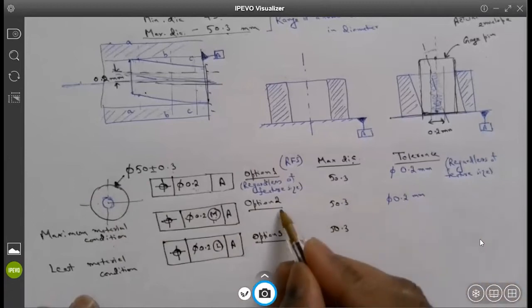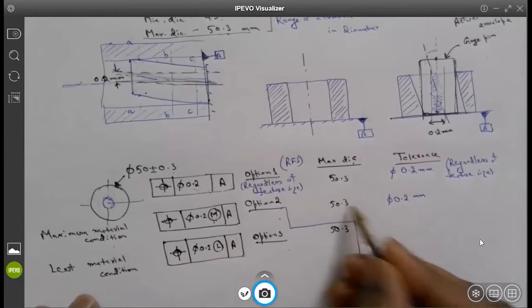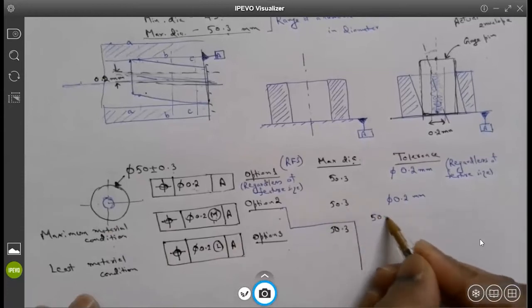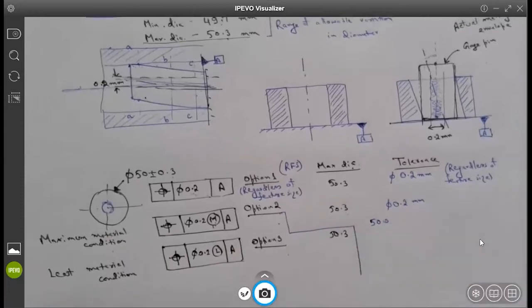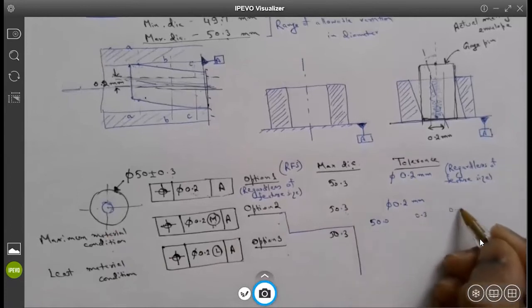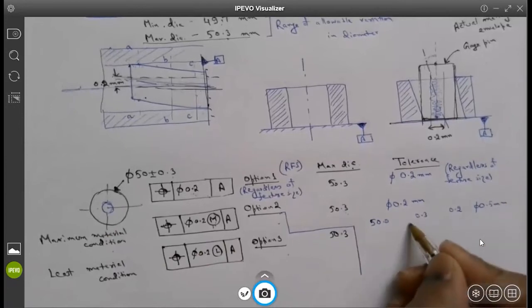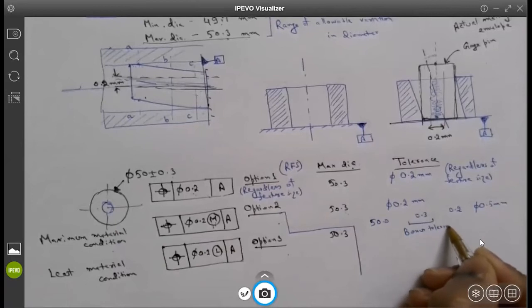Now, looking at option number 2 only, if my diameter is 50 millimeters, what would be my tolerance zone in that case? The tolerance would be 0.3 plus 0.2, which is 0.5 millimeters. This is the bonus tolerance we get because of our size.